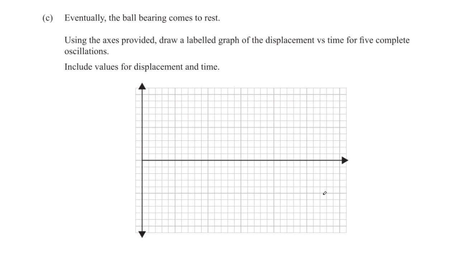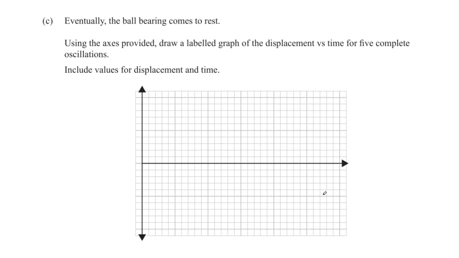But anyway, eventually the ball bearing comes to rest. Using the axis provided, draw a labelled graph of the displacement versus time for 5 complete oscillations, they said. So what do you want to do? I think we want to label where the T is. So T, 2T.